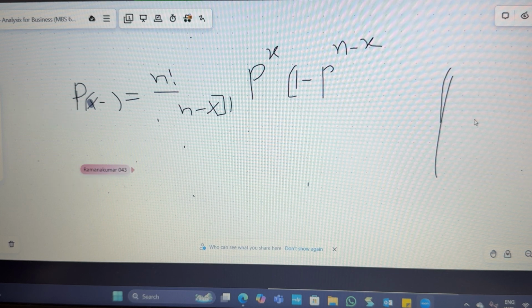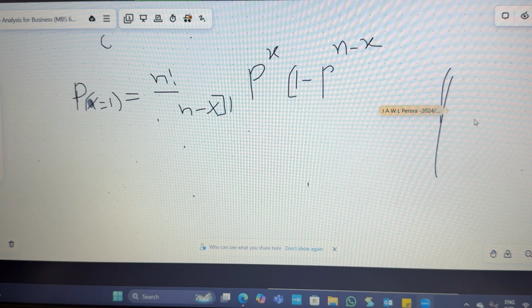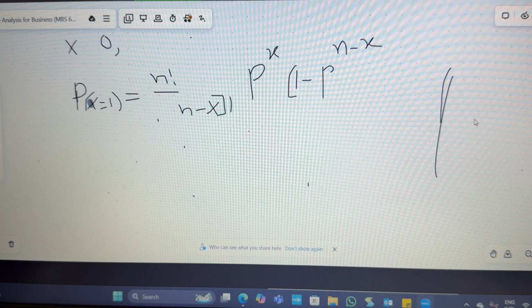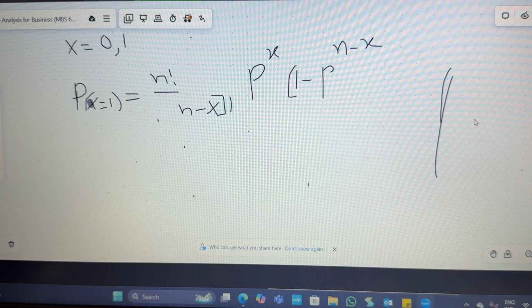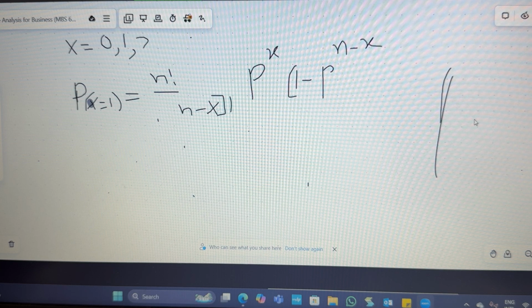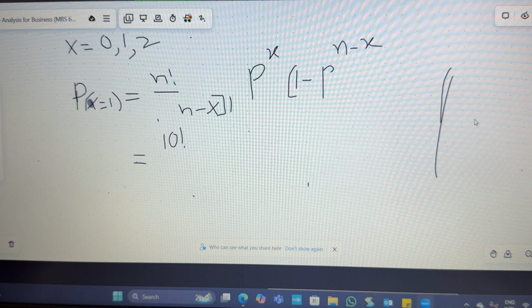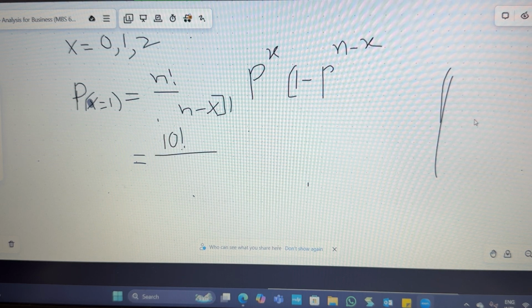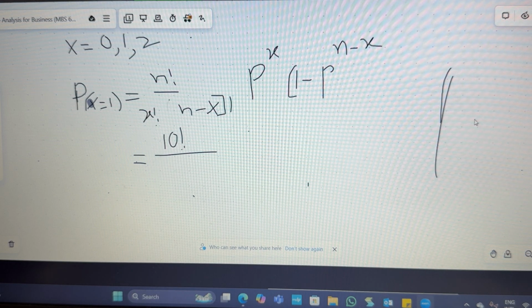Now x equal to 1. You have found the answer for 0, and after that for 1, and also for 2 you have to find. Then for 1, how to find it again? It means 10 factorial divided by x factorial, n minus x factorial.